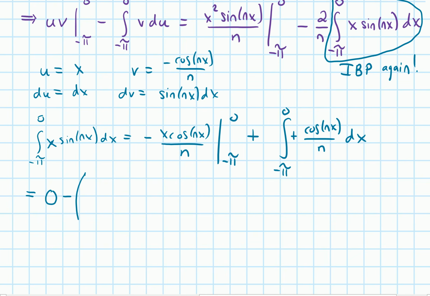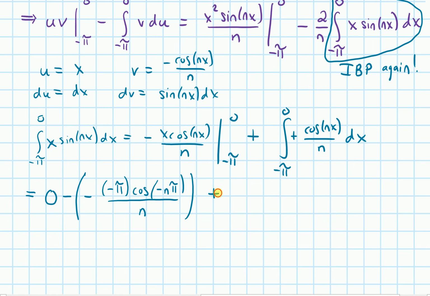So if we plug negative pi into this, well, we have this negative here. Okay, and then you plug in negative pi in for the x, and then times cosine of negative n pi, and then that whole thing divided by n. Okay, and now we need to take the antiderivative of cosine nx divided by n.